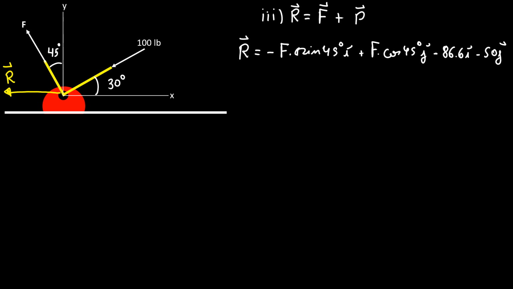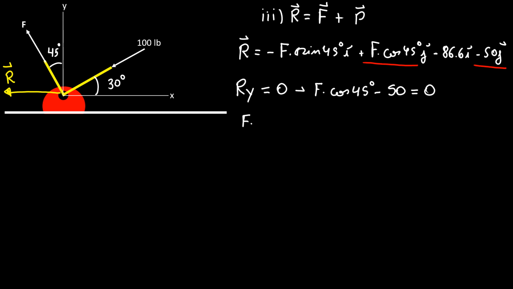Remember, in the beginning of the exercise I told you our resultant force is along our negative x-axis. So I know the resultant force in the y direction has to be 0. So my components in y are F cosine of 45 and minus 50. So F times cosine of 45 degrees minus 50 has to be 0 because of our question.